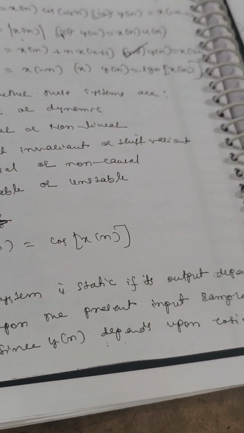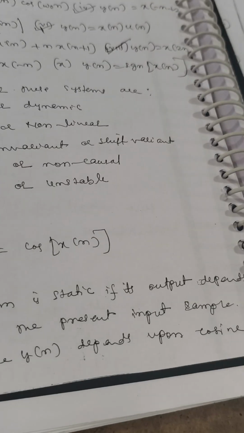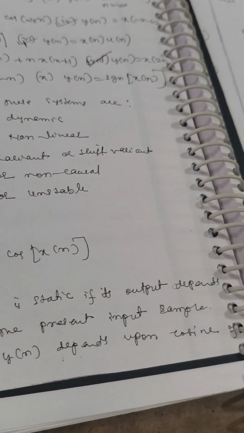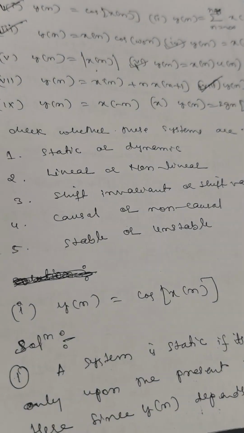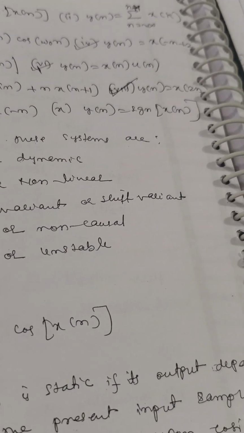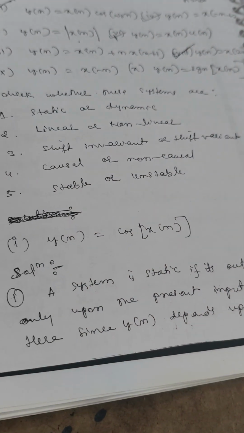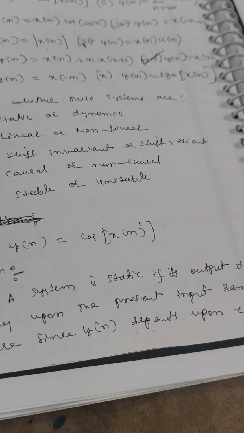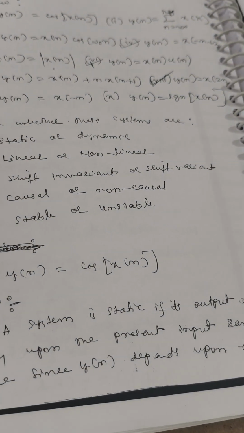A system is static if its output depends upon the present input sample. Here y of n depends on the present input, since it depends on cos of x of n. Therefore, this system is a static system.